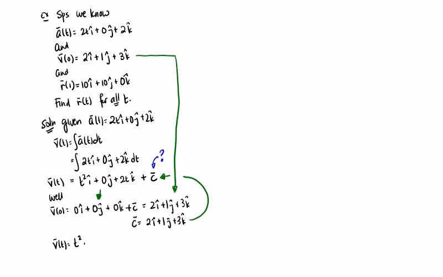So v of t is t squared i plus 0j plus 2t k plus this thing we just calculated, that's our c bar, which we can combine to make it pretty: t squared plus 2 i plus 1j plus 2t plus 3 k. So what we've done is go from a of t to v of t. And now you can probably see what we're doing: do the same thing again, right?